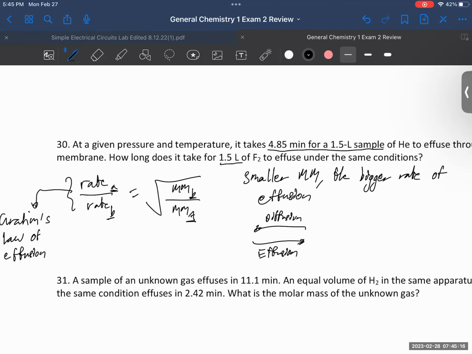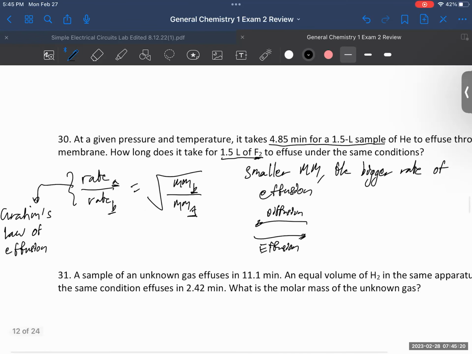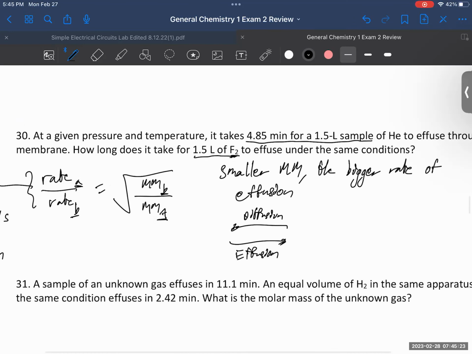How long does it take for 1.5 liters of F2 to effuse under the same conditions? This is a bit of a tough one. So how'd y'all solve this up? What will be your first step? Or you have no clue where to go from here?